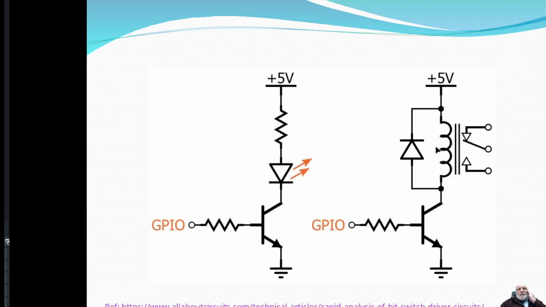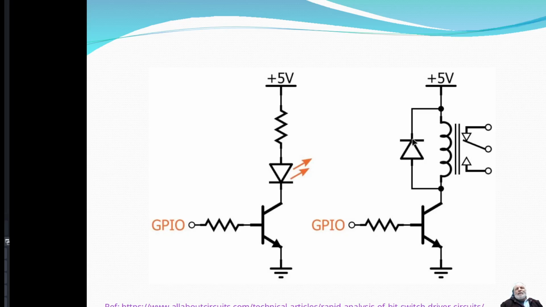Now the circuit on the right over here has a relay. We've hooked up a relay, so we're going to use this transistor to activate it, and this relay will have our common connection. We have a normally closed and a normally open on our relay. Then we can drive a high power load, depending on how big our relay is; we could easily go up into the hundreds of volts over here on our relay and activate that.